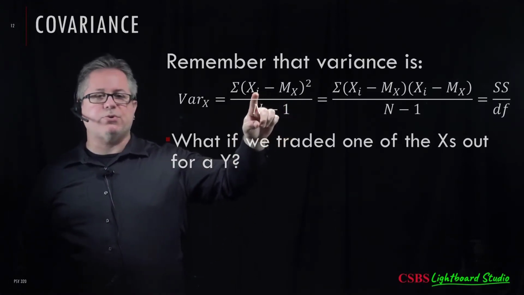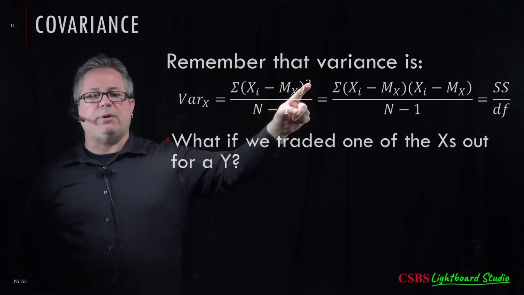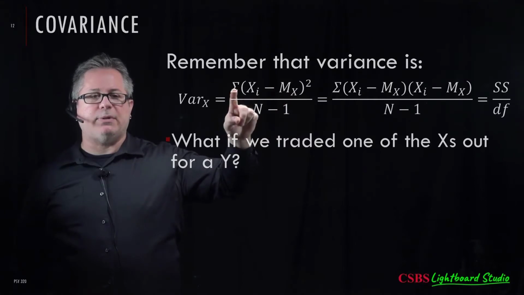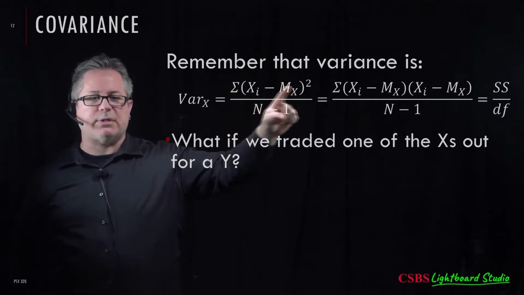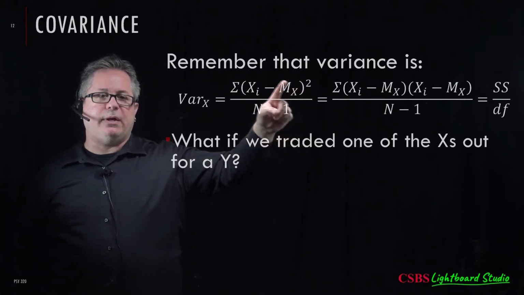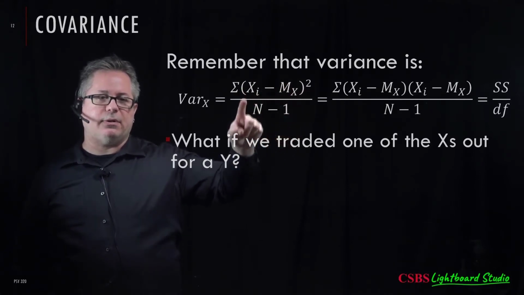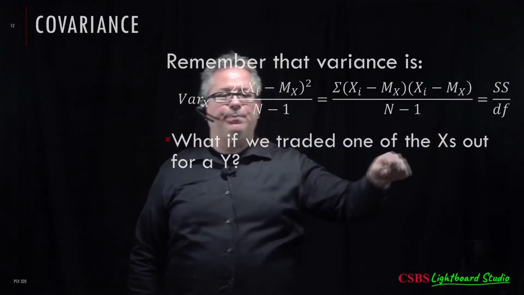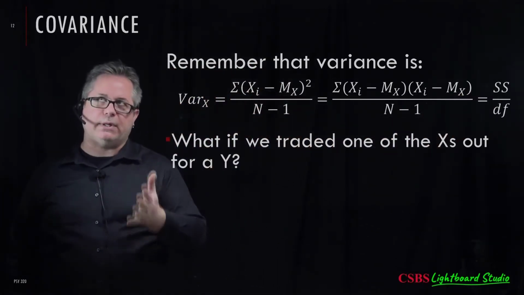So take an individual score, subtract the mean out, square it, and do that for every person and sum all that up to get a sum of squares up on top. We divide that by our degrees of freedom and we get a variance. Okay, so sum of squares over degrees of freedom, we get a variance. Great.